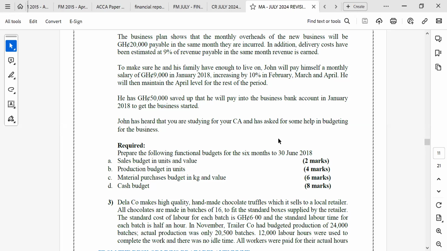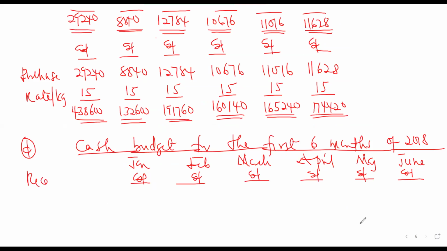They have given us a lot of information. So let's now work on the cash items. So how can we get the cash items? So we always have the receipt here, the money that you are receiving.